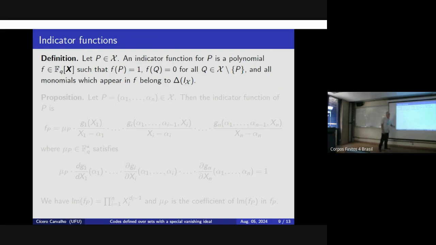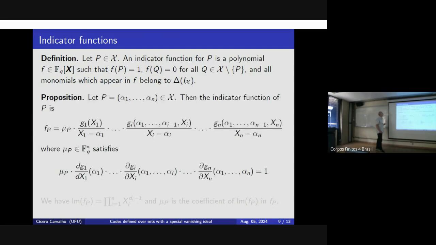So using this method, which was developed in several papers, especially by Lawrence and others, we were able to determine the indicator function of P, which is exactly this polynomial.